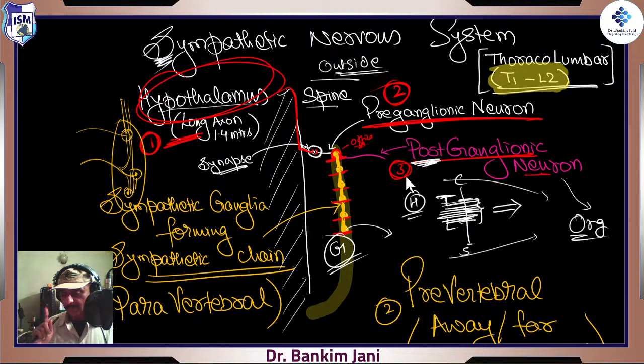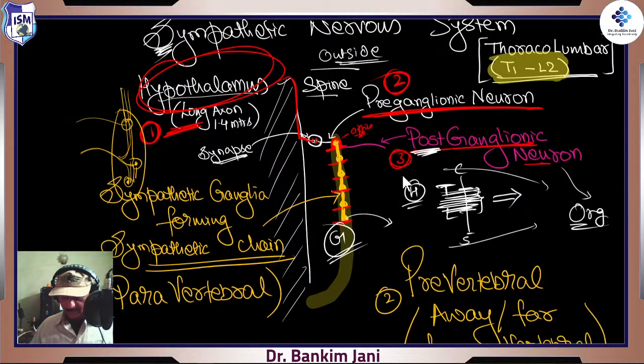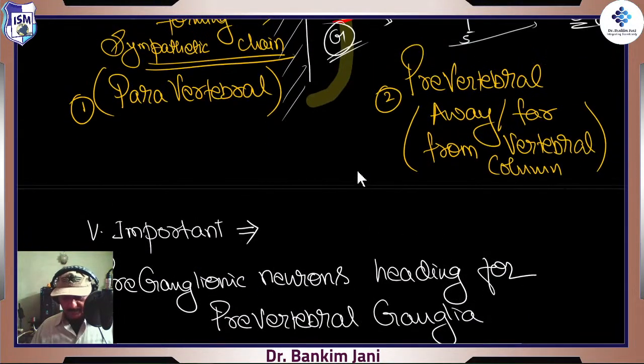So what is a ganglion? When all those cell bodies meet head to head, they make a meeting center, and that meeting center is outside the CNS, that means the brain and spinal cord, right? We talked about it. Still so important, so I'm very quickly revising it.